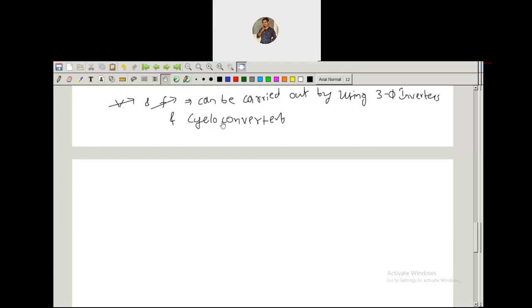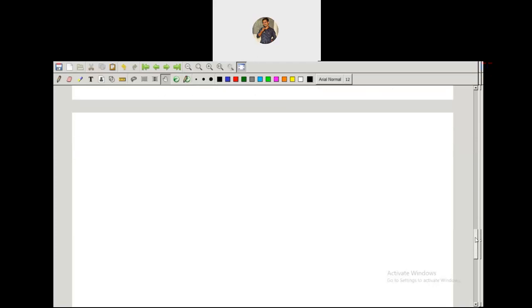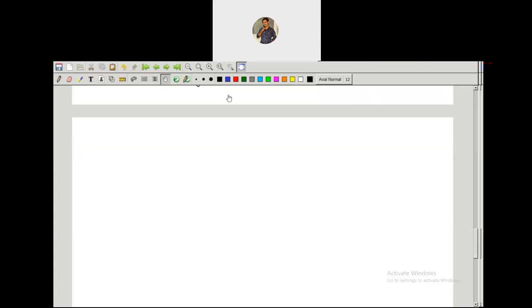This variable voltage and variable frequency can be obtained from the voltage source inverter. We are going to see the speed torque characteristics and control of the induction motor by using the voltage source inverter. I will give you some diagrams regarding control of the induction motor by using voltage source inverters.